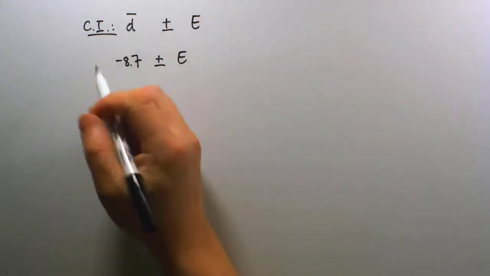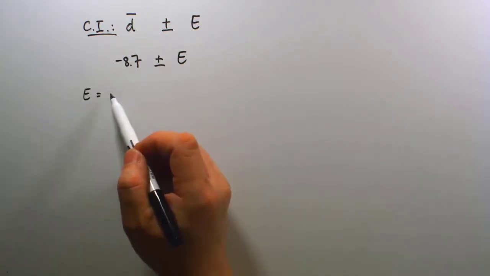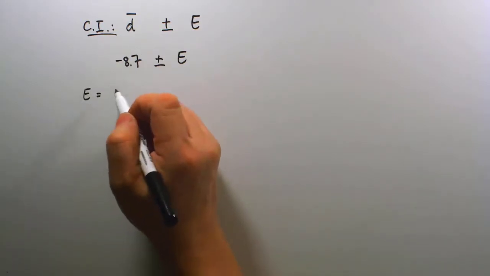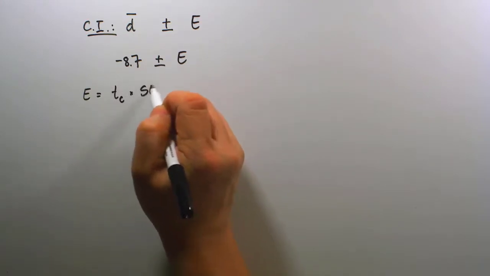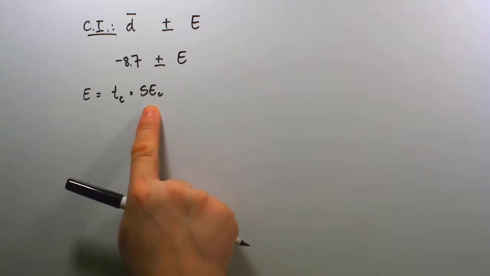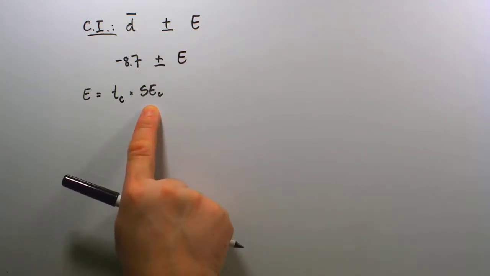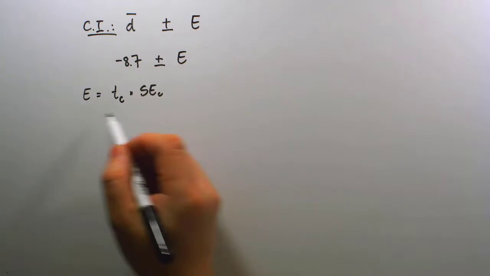All right, so again, our margin of error to estimate the difference in two population means here is T sub C multiplied by SEC. After we have already found T sub C, and recall from our previous problem that SEC has been found to be 2.2704, now we are ready to calculate our margin of error.